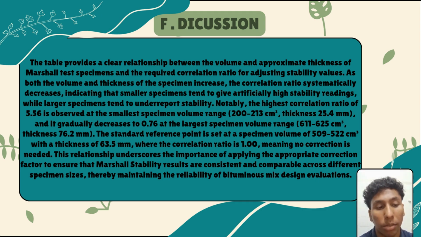This relationship underscores the importance of applying the appropriate correlation factor to ensure the Marshall stability results are consistent and comparable across different specimen sizes, thereby maintaining reliability of bituminous mix design evaluations.